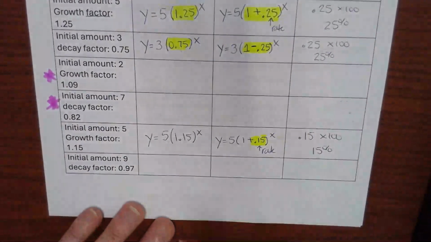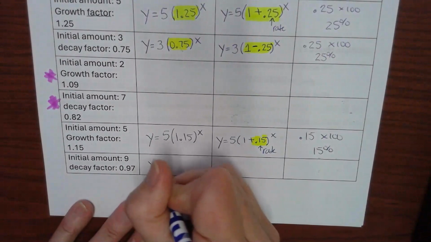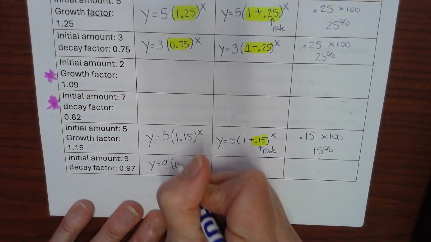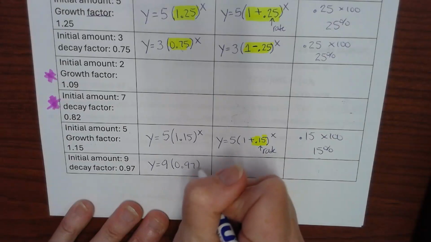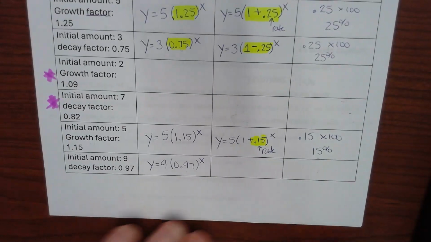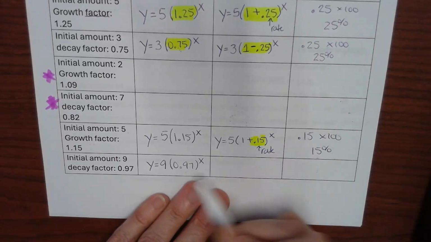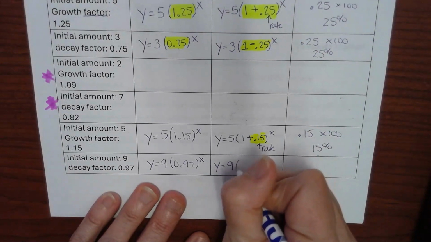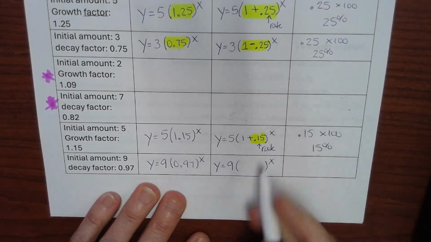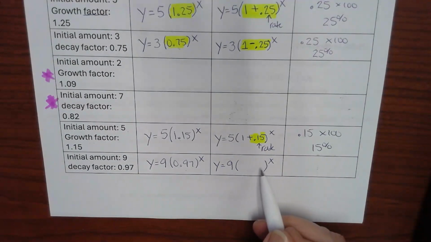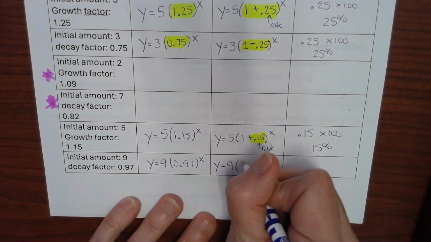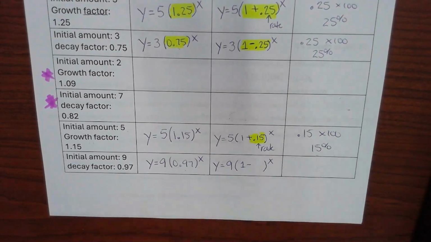And the hard one, the one with decay. So let's write y equals, initial value is 9, 0.97 raised to the x. This is my factor. And now I need to rewrite an equivalent expression. So y equals 9, and I either need 1 plus a number or 1 minus a number. Well, this is smaller than 1, so it's going to be 1 minus something.